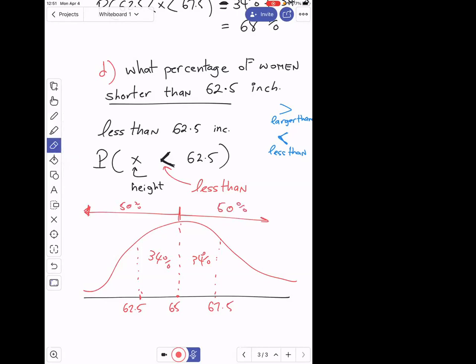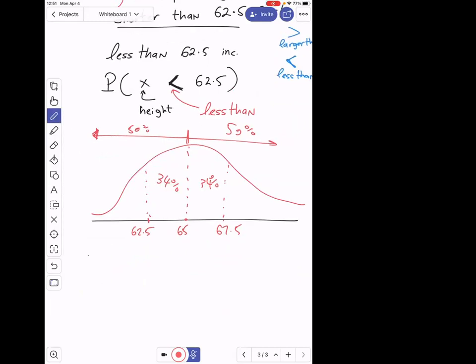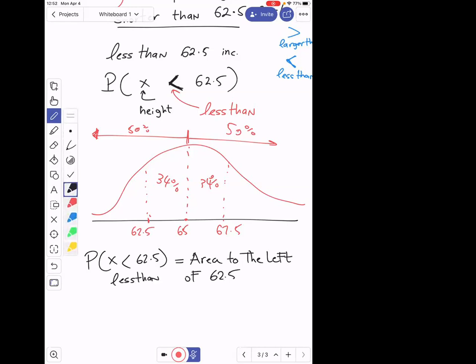All right, guys, any guess what will be the area to the left? Less than, so that will be the area to the left of 62.5. So the area to the left of 62.5 would be this one here, this green region.